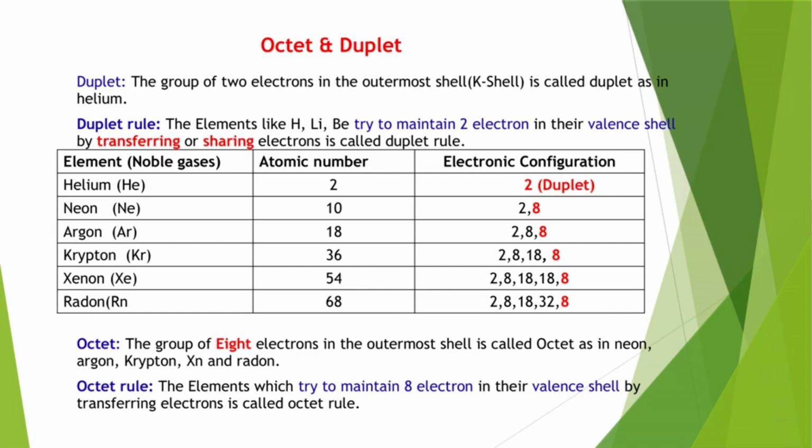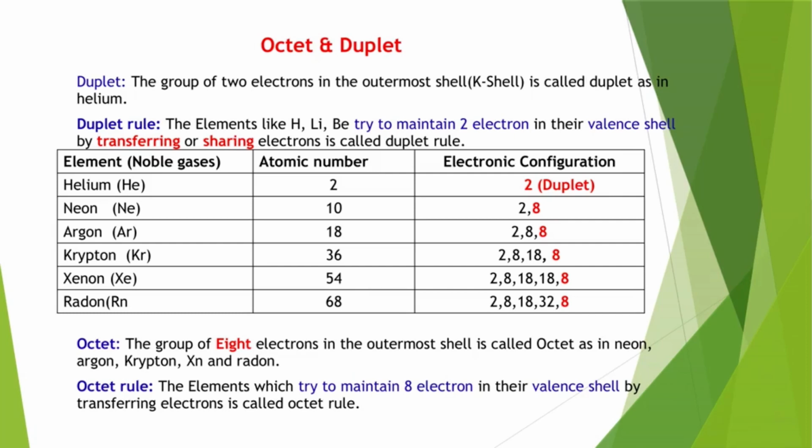In this case, if you see all the red color, in the last orbit all the electrons are filled according to the rule. So, they are stable, and because they are stable, they do not undergo chemical reactions. That is why helium, neon, argon, krypton, xenon and radon are known as inert gases or noble gases, because they do not undergo any chemical reaction.